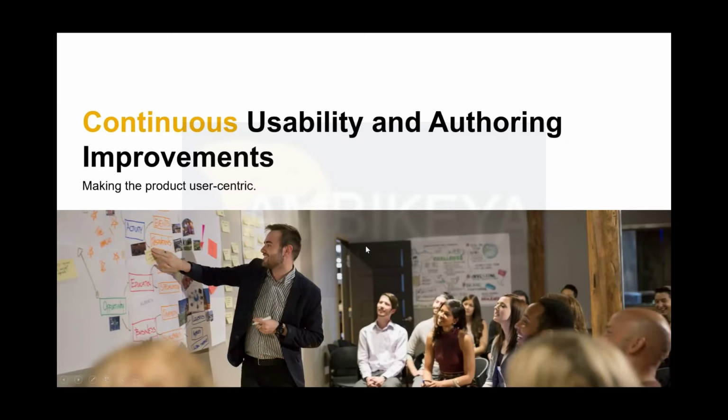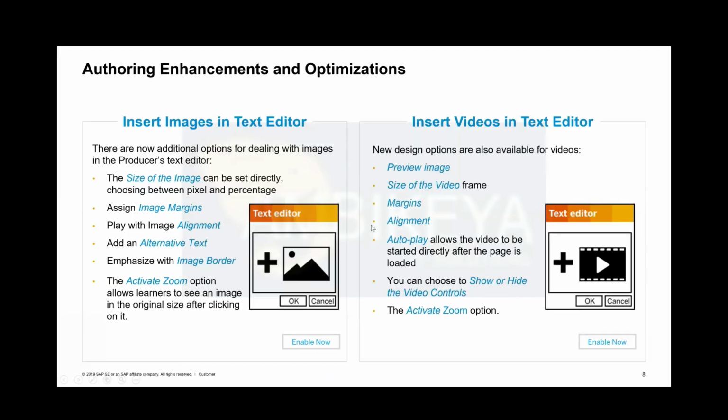Continuous usability and authoring improvements. What do we have here? We have, yes, finally the option to insert images and videos into CDocs, into text units. So the CDocs become more prominent, and that's all self-explaining. I don't see any reason why we should go into detail here.